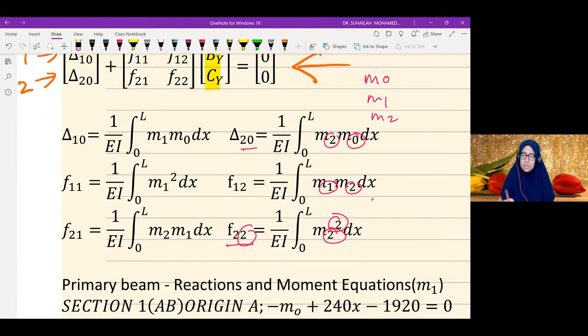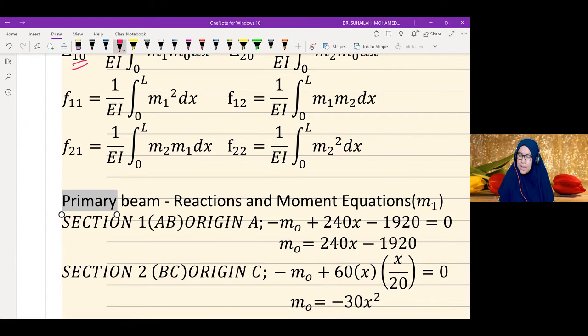Whenever you solve the example, the question, the beam, the structure, you don't need to write the formula because we know which system times which system, by looking at the notation that we use.